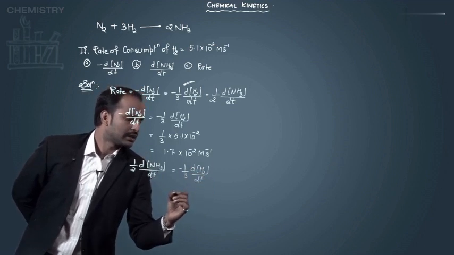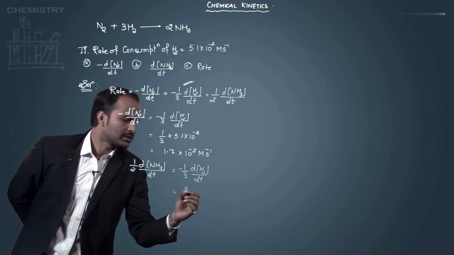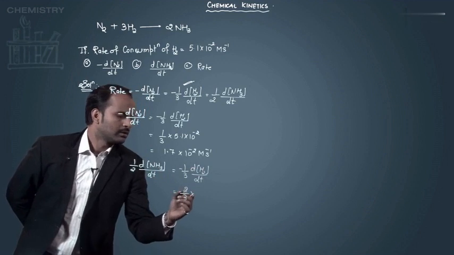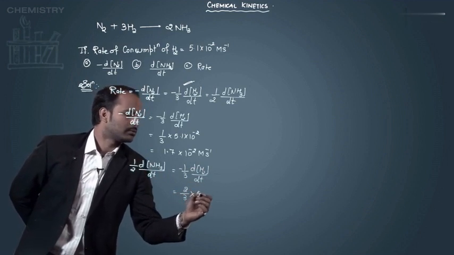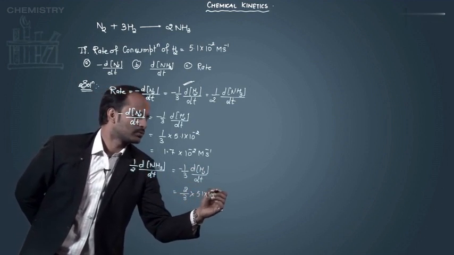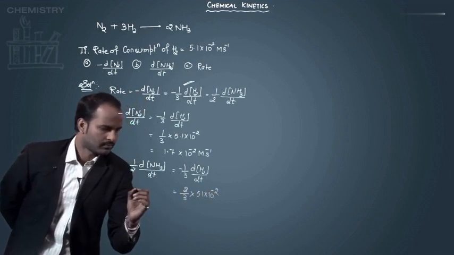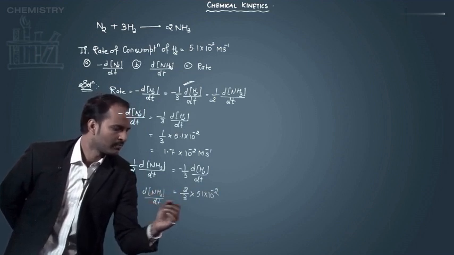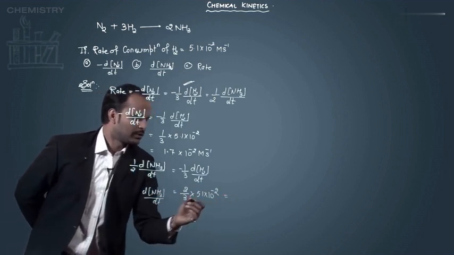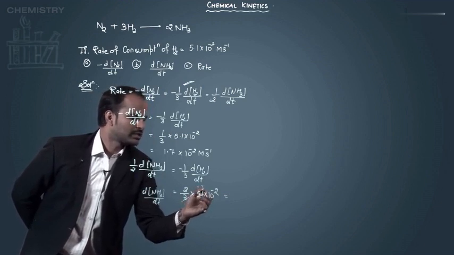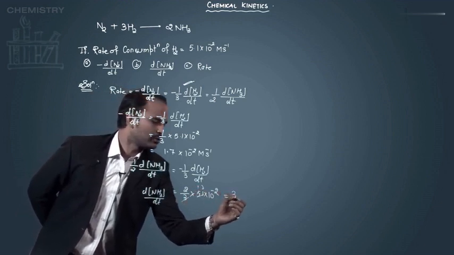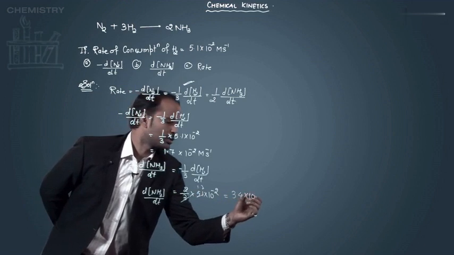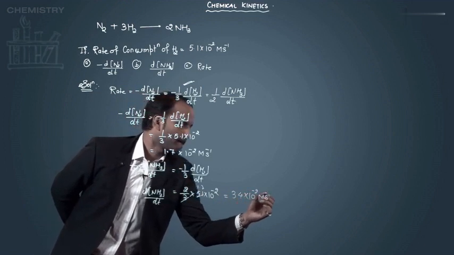So here I can say 2 will come to this side. So 2/3 dH2 by dt is 5.1 into 10 raised to minus 2. So it is going to be cancellation. This will give you 1.7. So 17 2s are 34. That means it is 3.4 into 10 raised to minus 2 molar per second.